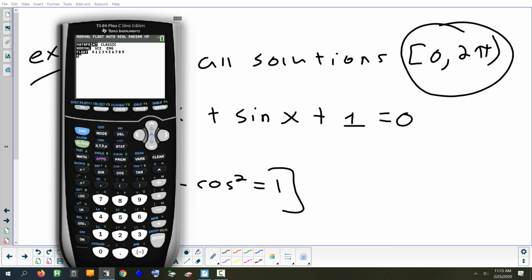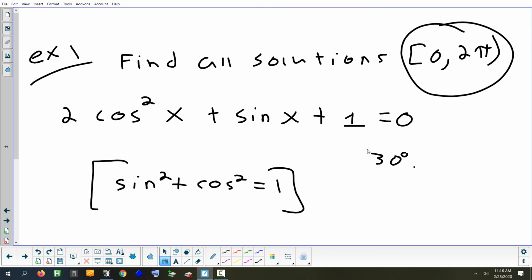Watch what happens if you do it in degrees first. Inverse sine of 0.5. I get a nice answer, 30. It's 30 degrees because I'm in degree mode. Now, if I take 30 degrees and multiply by pi and divide by 180, how many times does 30 go into 180? 6.